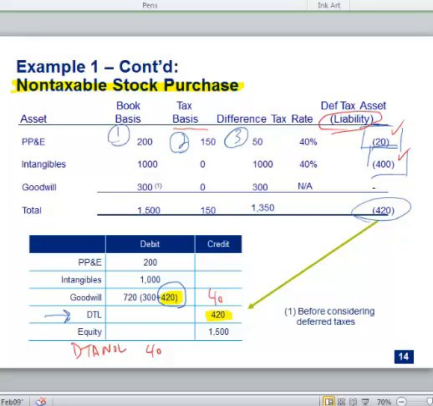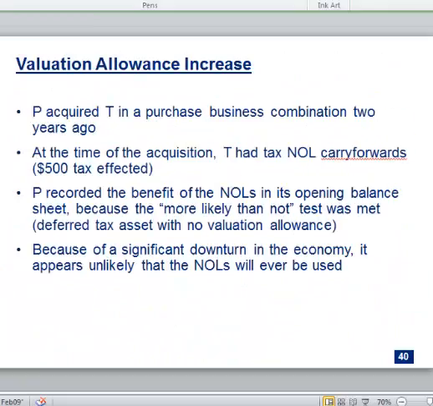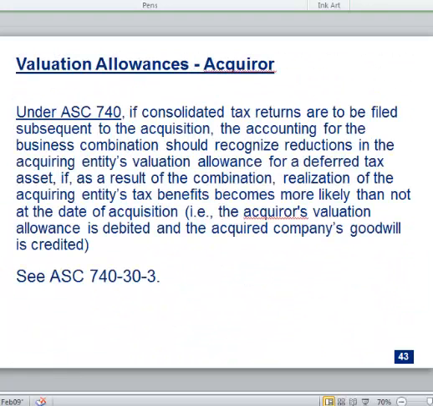Okay, so pretend that they buy this company, but they, the buyer, have valuation allowances. So, if EA has tons of NOLs with a valuation allowance, and it acquires a company that has IP that creates a DTL, if that IP was sold for cash and there was a tax gain, could we use EA's NOLs?